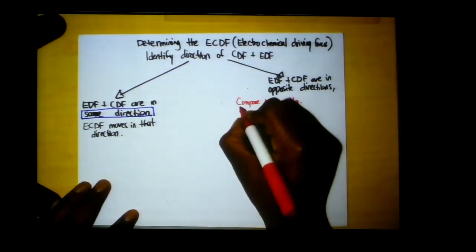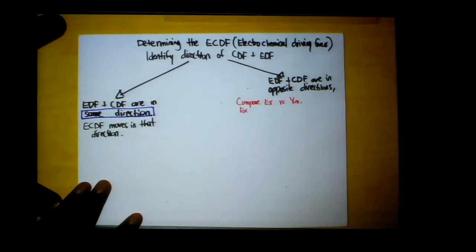Now, what force did I say the equilibrium potential represents? What force determines the equilibrium potential? Is it the chemical or the electrical? What's the force that wants particles to be at equilibrium? The chemical force, right? The concentration gradient, that's what determines the equilibrium potential.